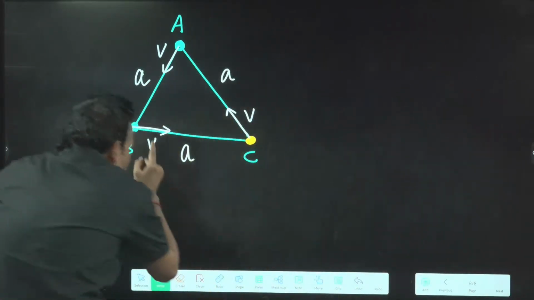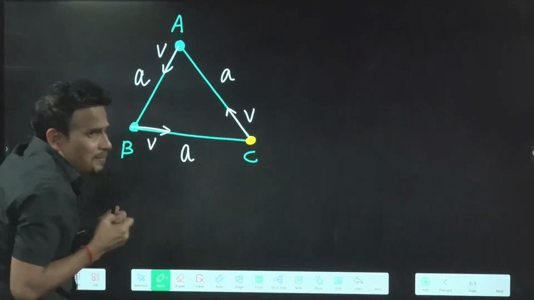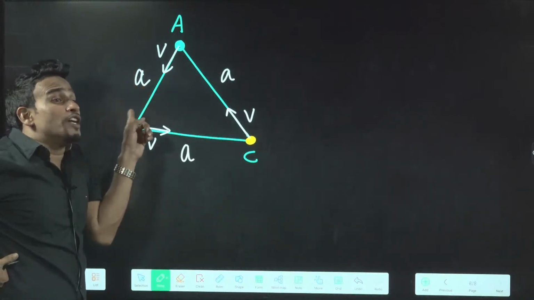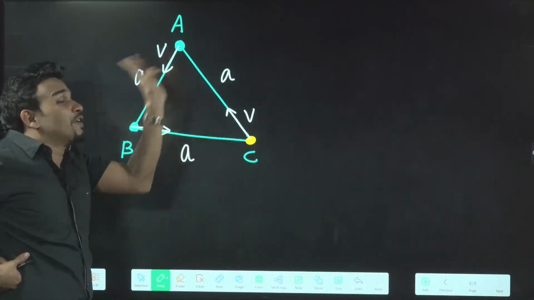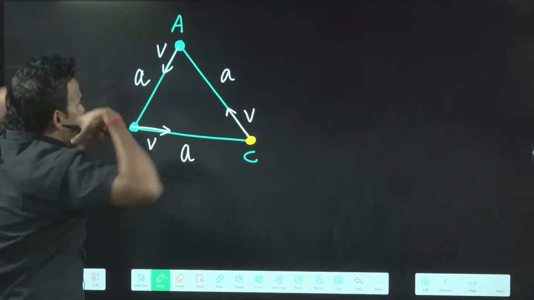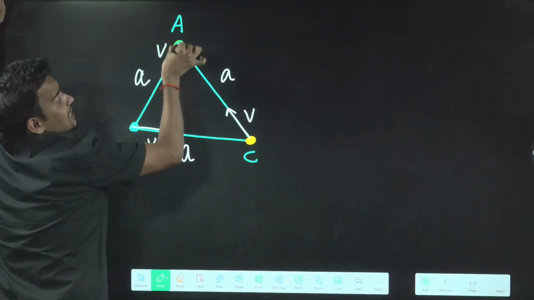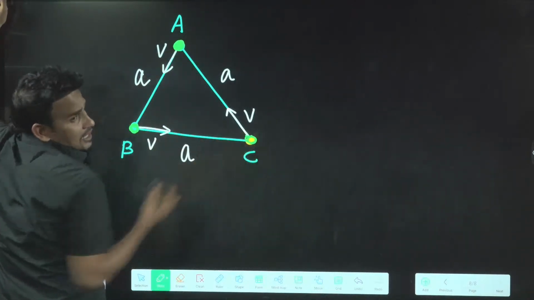See here, observe the motion. Why will they converge at the centroid? A is always moving towards B, B is always moving towards C, C is always moving towards A. When the motion just started, A was here, B was here, C was here.